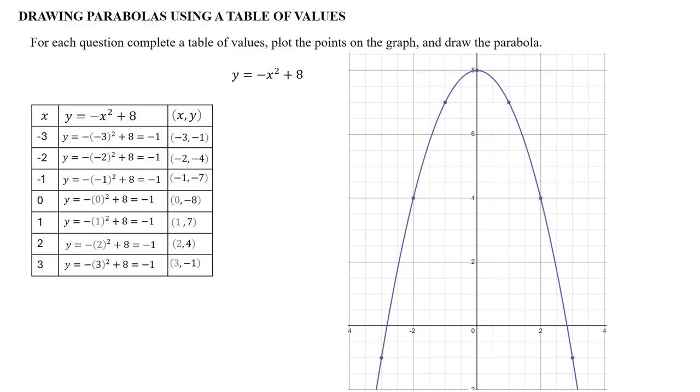The reason for this is that if you look at the equation, it says y equals negative x squared. The coefficient of the x squared is a negative number, and when this happens, the parabola opens downward.